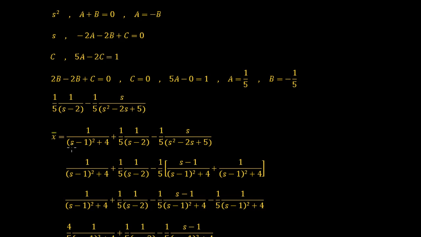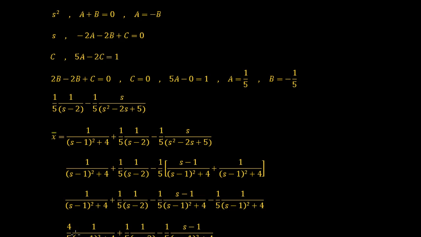So finally our x bar is going to give us this term here. We'll leave the first term as is, the second term as it is at the moment, and the third term we'll rewrite in this form here, so we'll just split it up. If you multiply these back together you'll see you get that top line there. Again, leave the first term, the second term, and then multiply out the brackets with the 1/5, and then gather up the like terms, and it'll give us our three equations here.